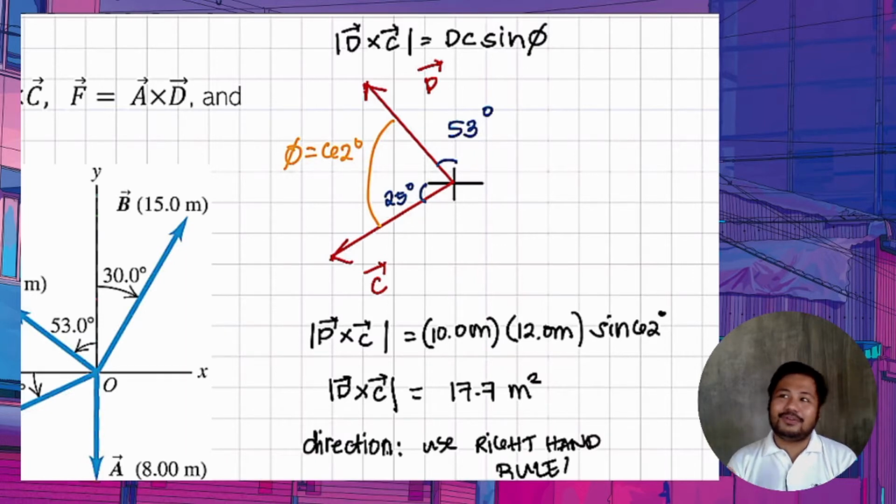And for all we know, the perpendicular to the xy plane is either the positive z or negative z axis.